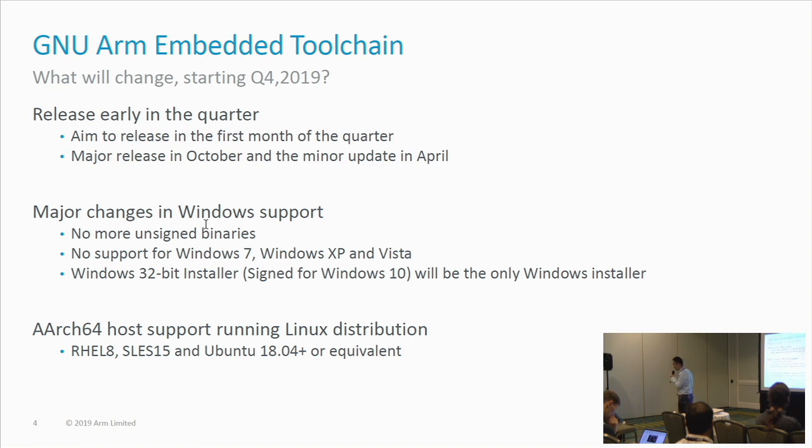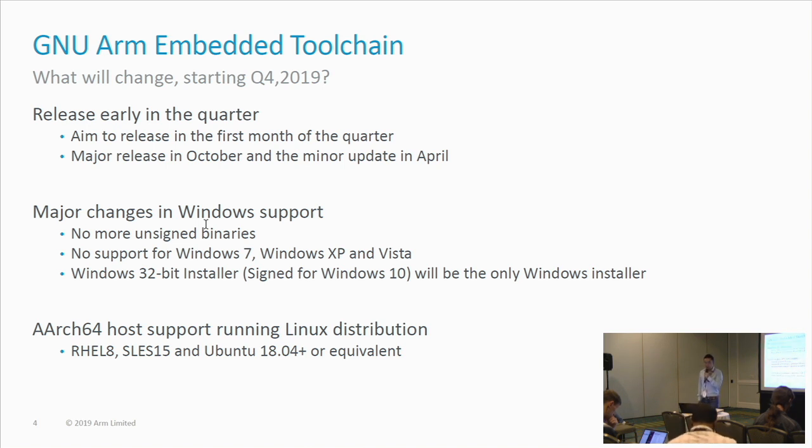We're going to build the binaries targeting Windows 10 and test them on Windows 10 only. Chances are they might continue to work on Windows 7, but we are not going to test them, and there might be some problems if you run them there. We think that should not be a big problem as most people have switched to Windows 10. We will only release the 32-bit installer and keep the binaries 32-bit only.